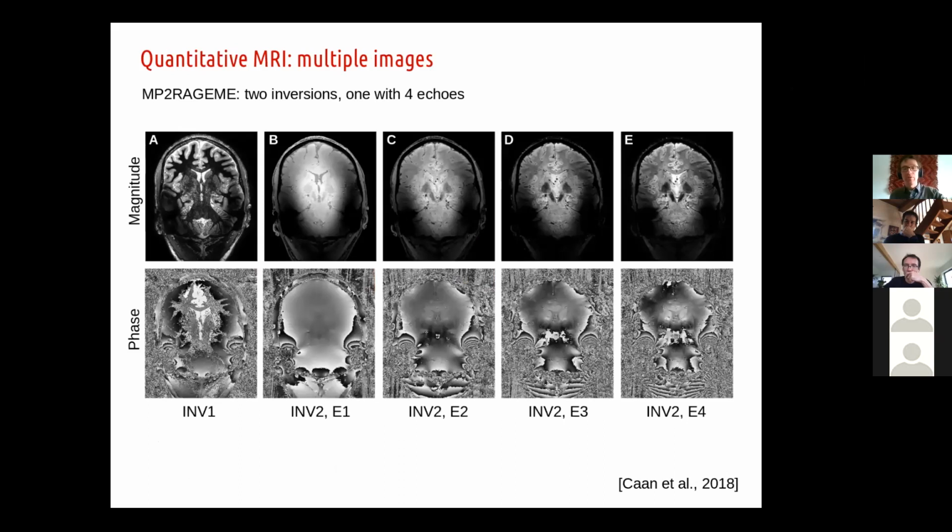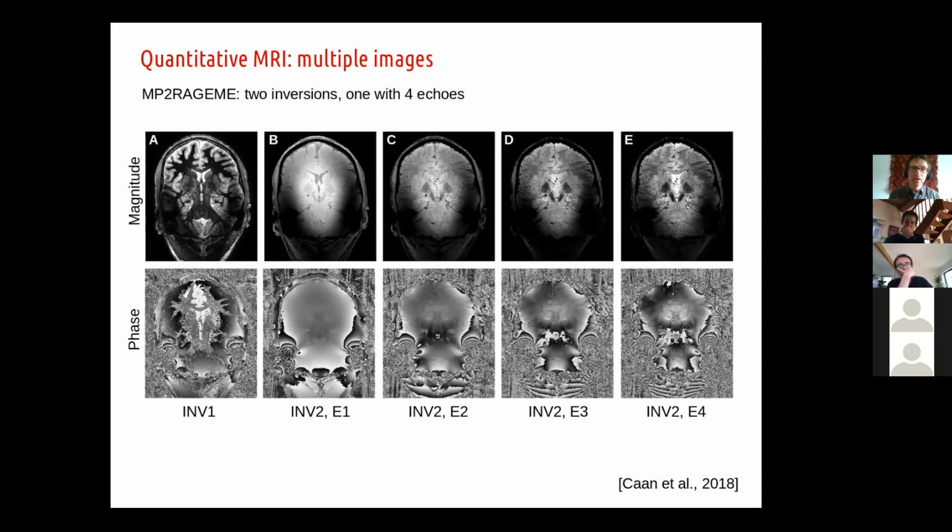So in my case, I've been interested in using that technique not on diffusion data, where you have about 30 to 60 to 100 images, but on quantitative MRI, where we have a much smaller number of images.